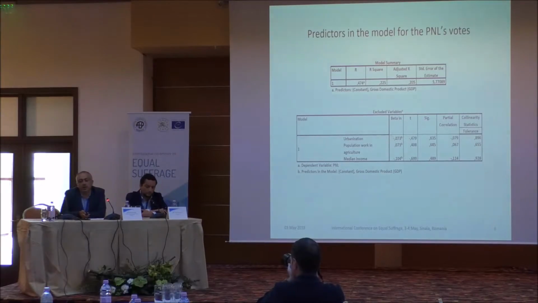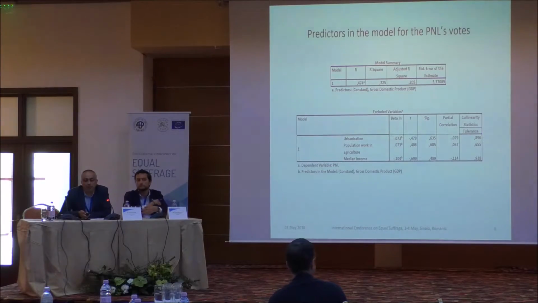And for Liberals, of course, it's a different variable that is important, respectively gross domestic product, and out of the model are urbanization, population working in agriculture, and median income for population.